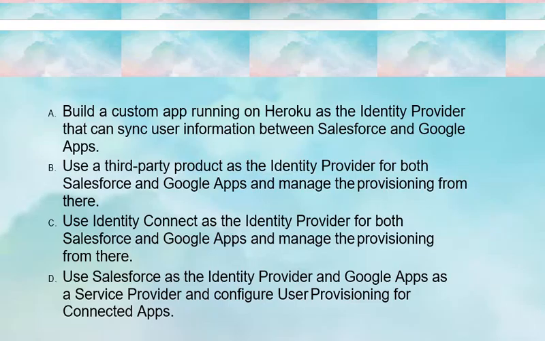Option C: use Identity Connect as the identity provider for both Salesforce and Google Apps and manage the provisioning from there. Option D: use Salesforce as the identity provider and Google Apps as a service provider and configure user provisioning for connected apps. Correct answer is option B and option D.